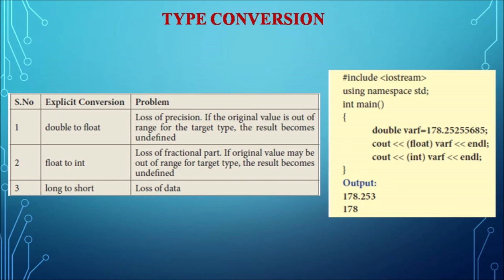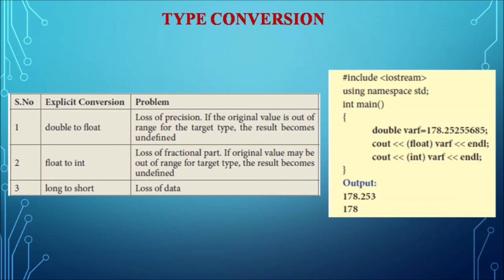data type. These are the three common difficulties in type conversion. Double to float: loss of precision. If the original value is out of range for the target type, the result becomes undefined. Float to int: loss of the fractional part. If the original value is out of range for the target type, the result again becomes undefined.